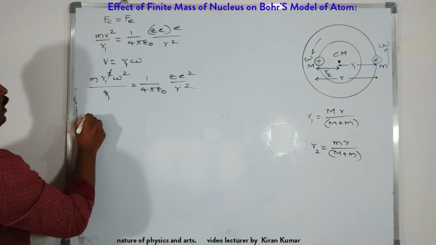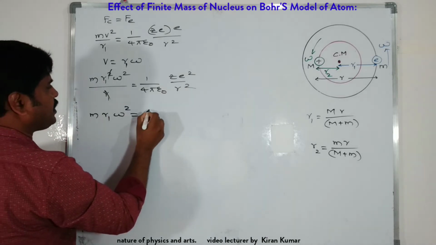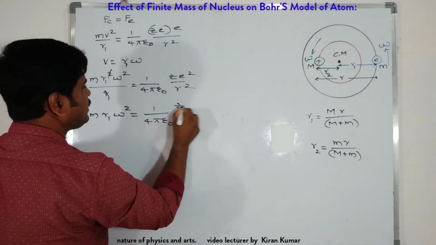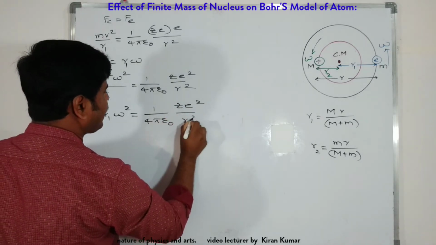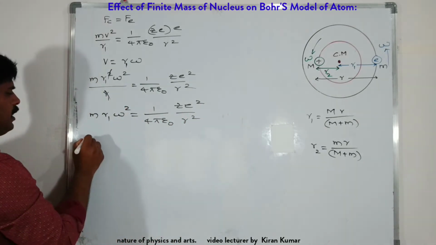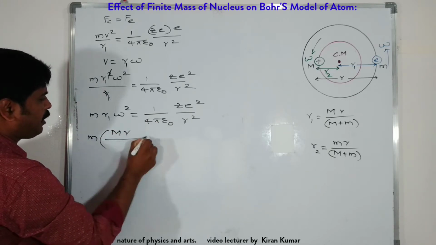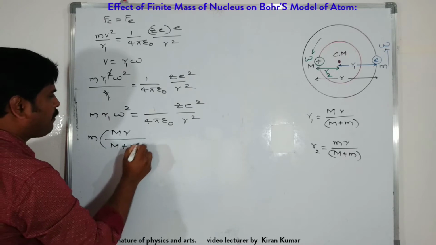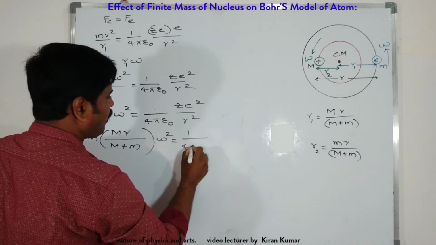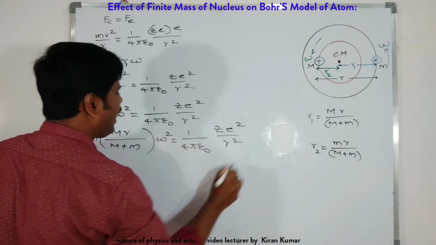Now m into r1 omega square is equal to 1 by 4 pi epsilon naught Z e square by r square. But I am replacing the r1 value, so m into r1 is capital M r divided by capital M plus small m, into omega square, equal to 1 by 4 pi epsilon naught Z e square divided by r square.